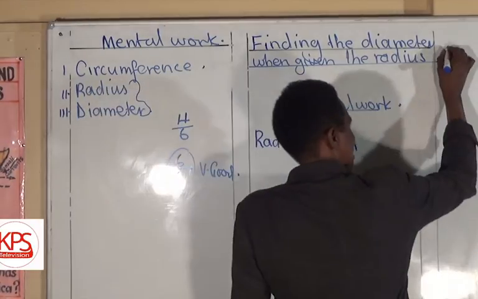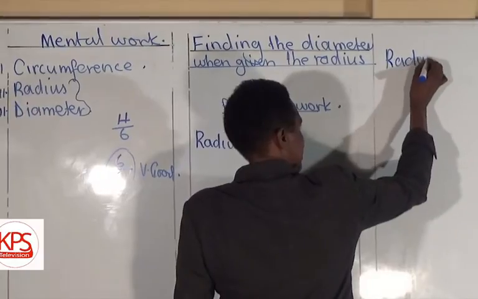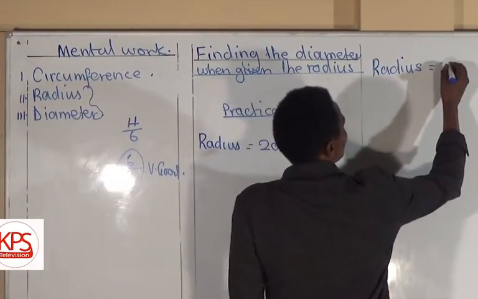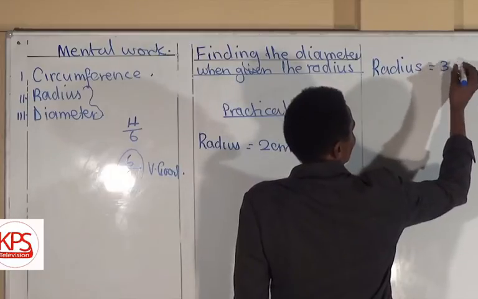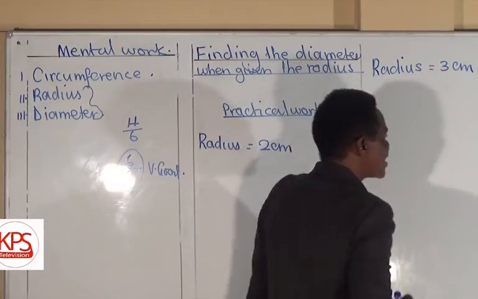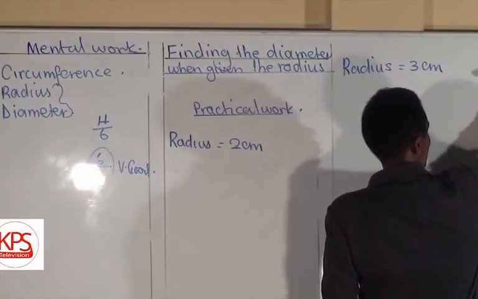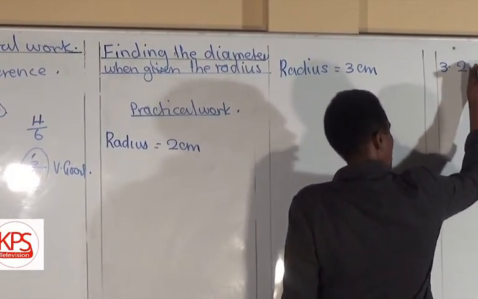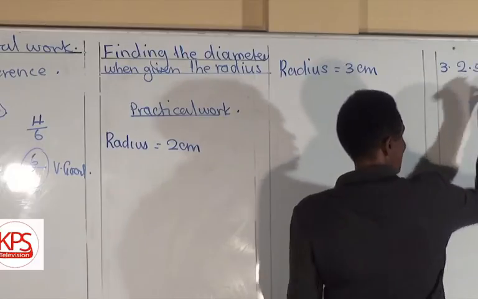The second one, radius equals 3 centimeters. And then the last one is the third with radius 2.5 centimeters.